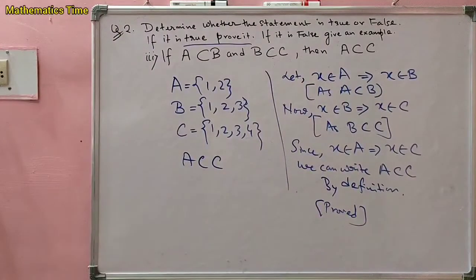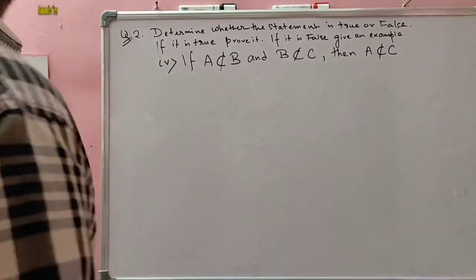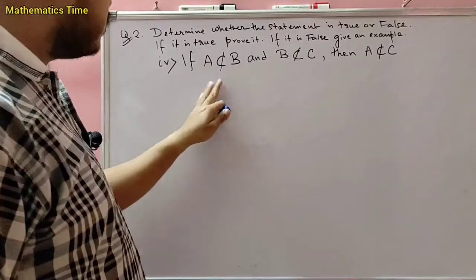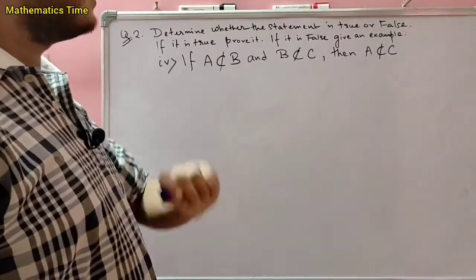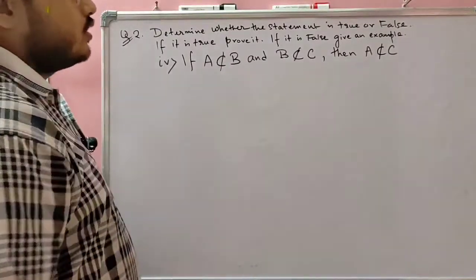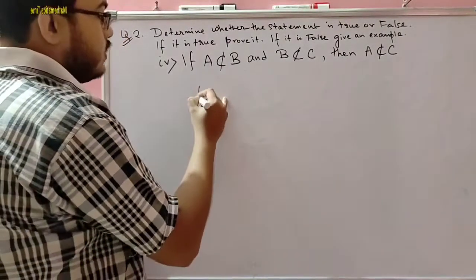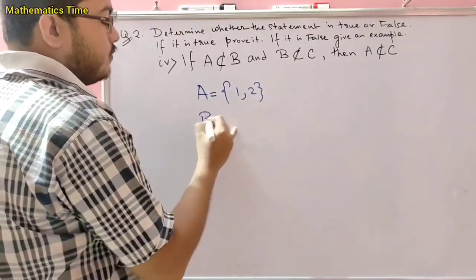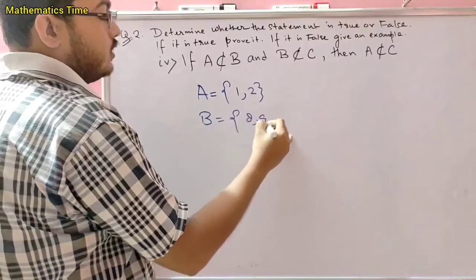Okay. Now what is our next question? If A is not a subset of B and B is not a subset of C, then we have to check whether A is not a subset of C or not. So we consider A as the set {1, 2}, B as the set {8, 9, 10}.